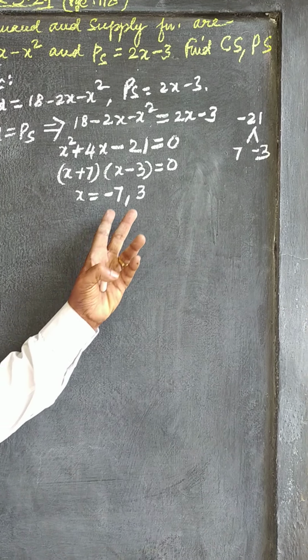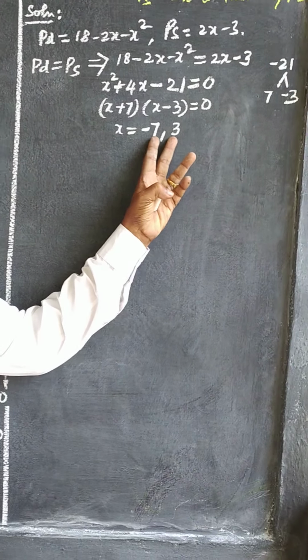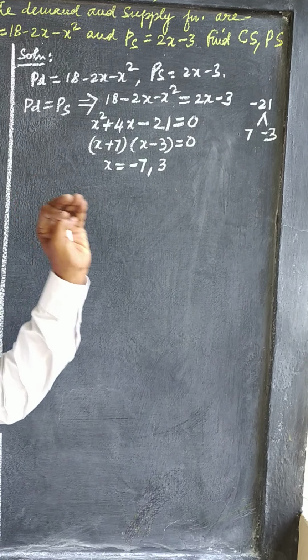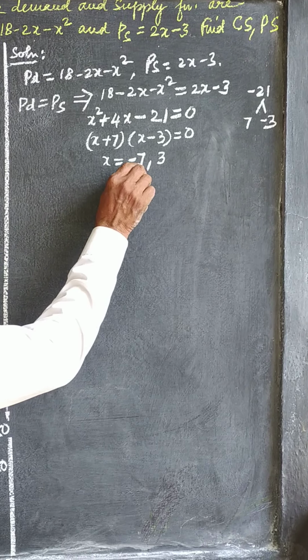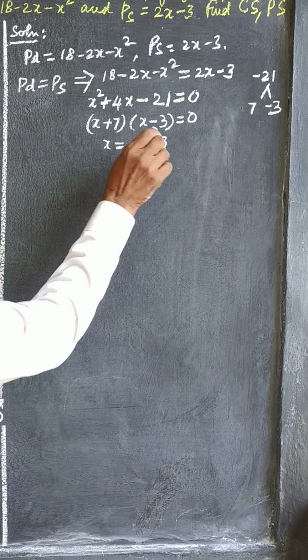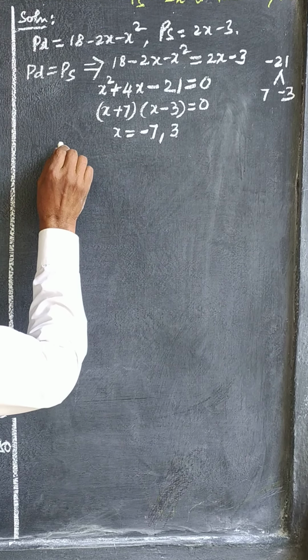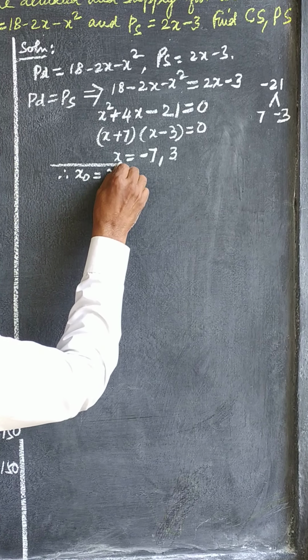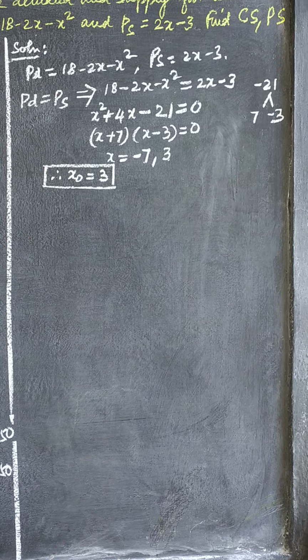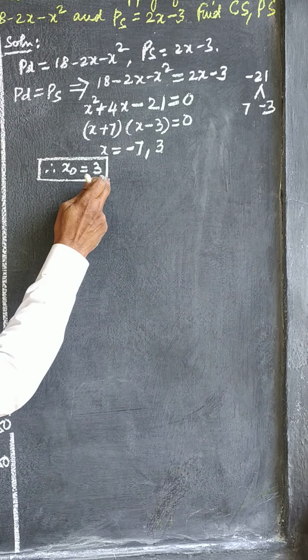Here you got two values. As I already gave you the suggestion, only the positive value is to be taken for x naught. Here we get one negative value, one positive value. What has to be taken for x naught? Therefore, x naught is equal to 3 only, as the positive value is to be taken.